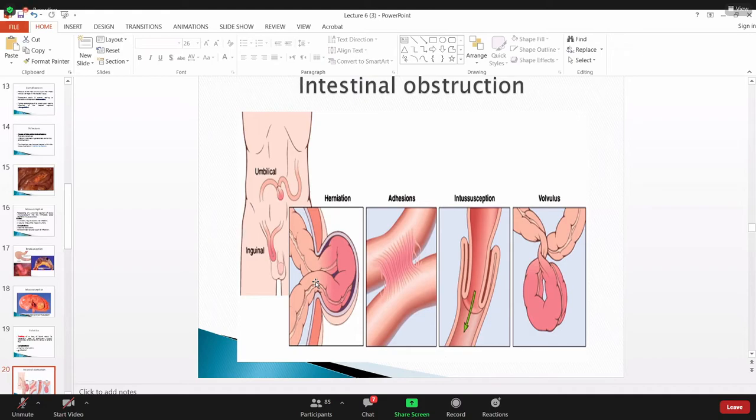So this leads to edema and congestion, and all this contributes more and more to the obstruction.